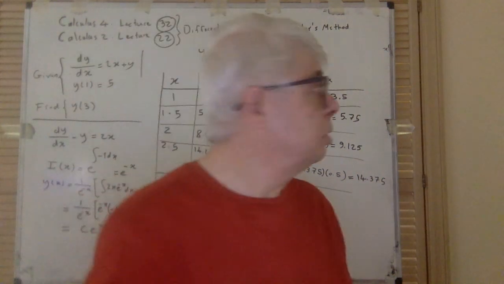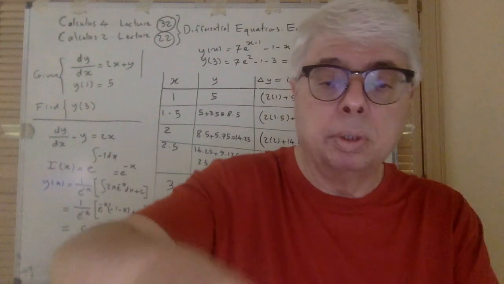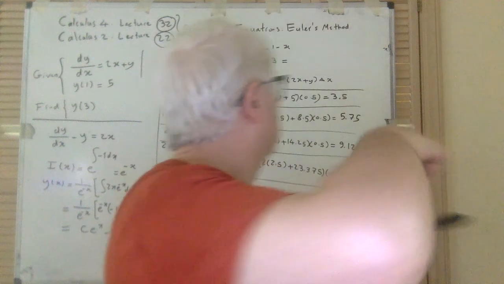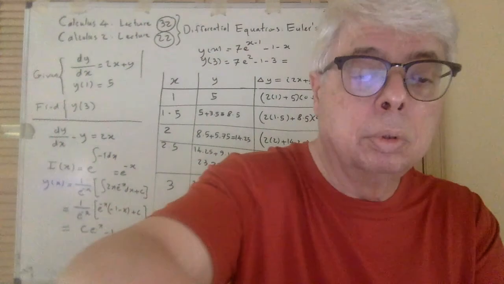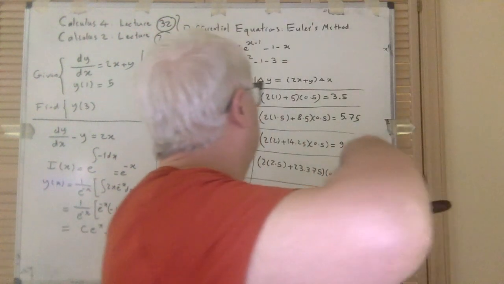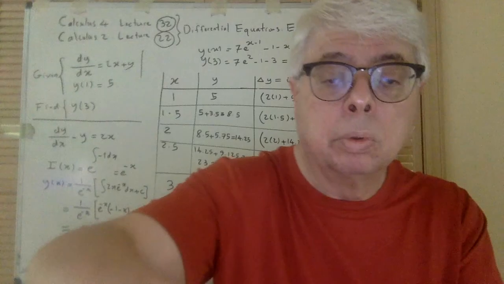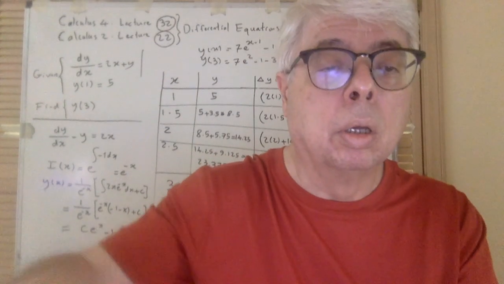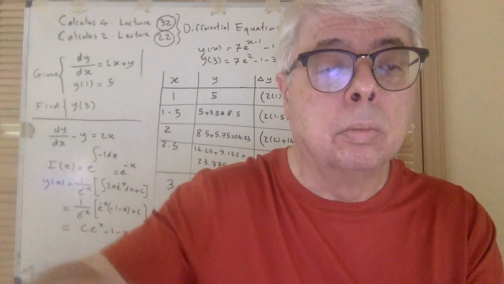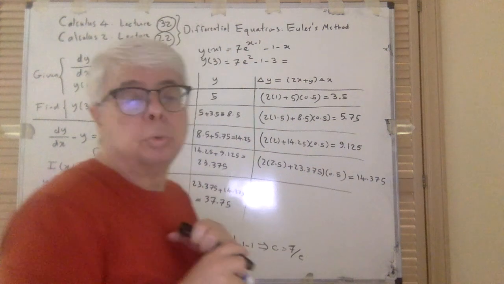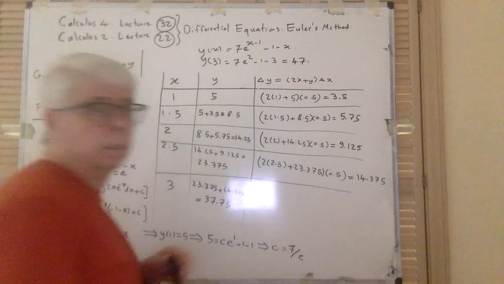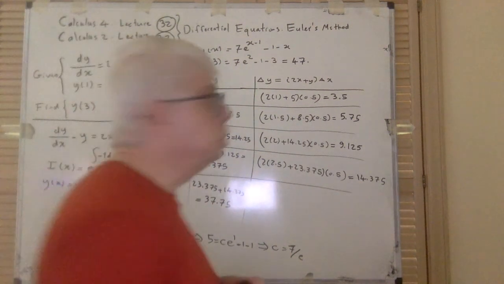That's the exact value, 7 times e to the power 2 minus 4, so that is 47.723.